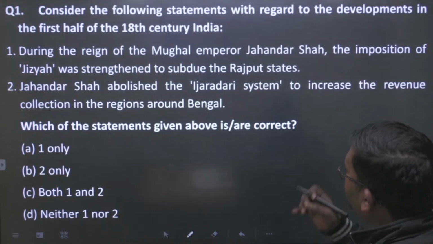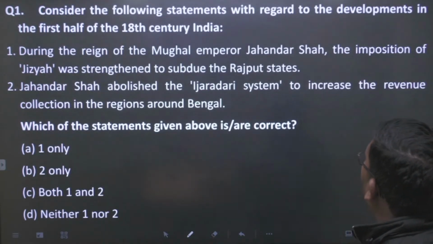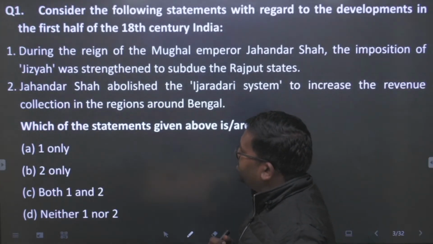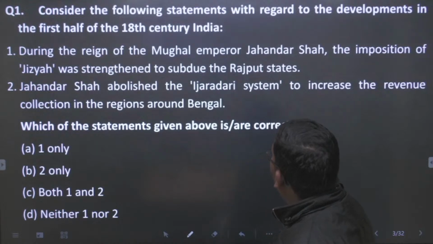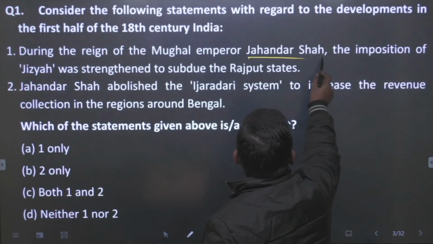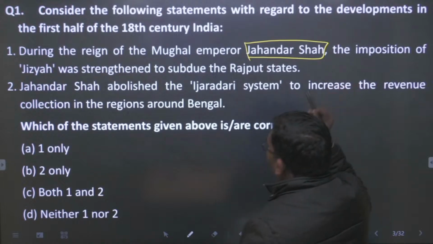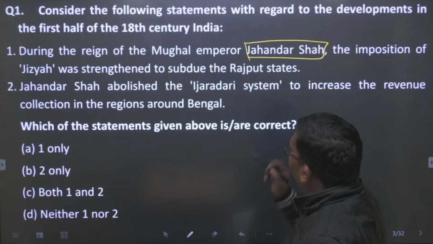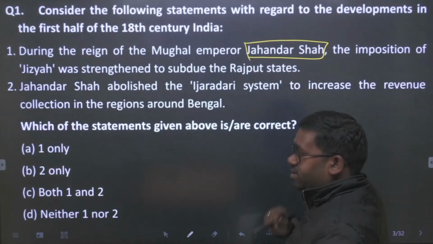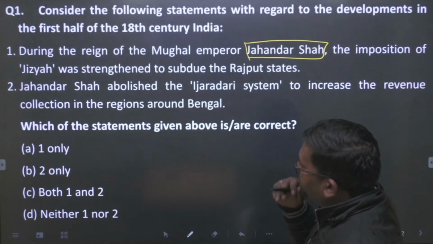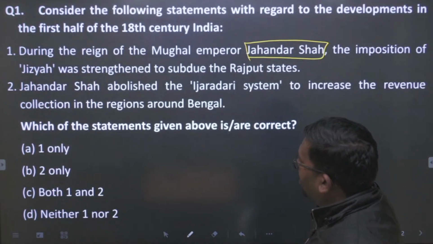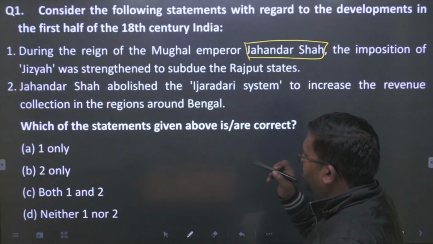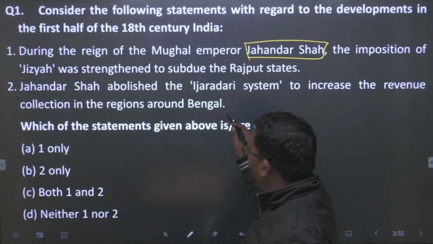Statement 1: during the reign of the Mughal Emperor Jahandar Shah, the imposition of jizya was strengthened to subordinate the Rajput states. Statement 2: Jahandar Shah abolished the Ijardari system to increase the revenue collection in the regions around Bengal.